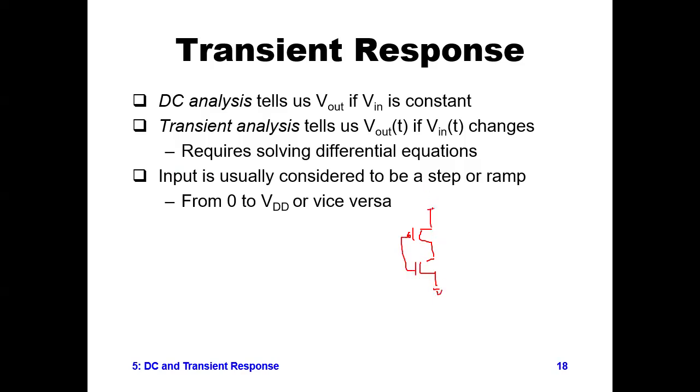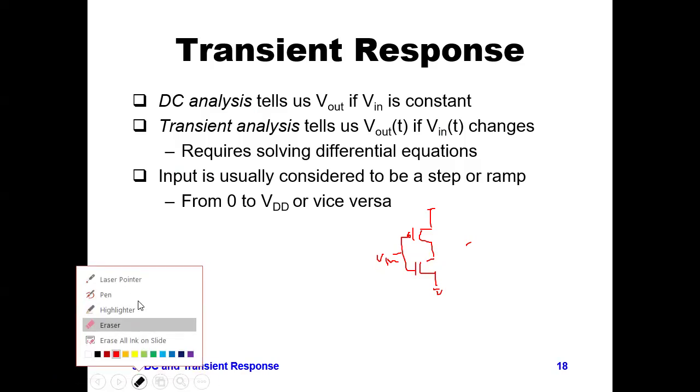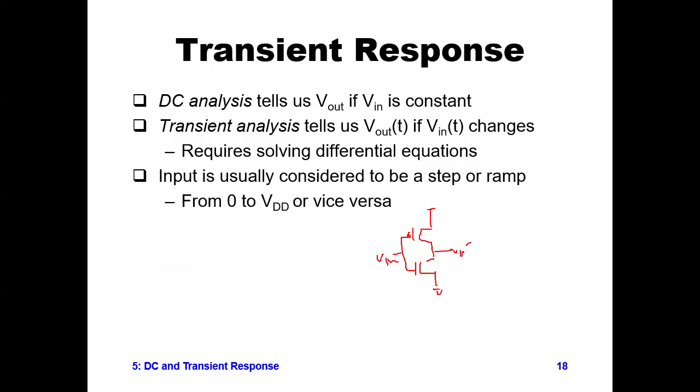You have a V in and a V out of an inverter. If we have 0 at V in, the V out will be 1. But when it is talking about the V out, it is not merely talking about the voltage here. It is talking about the power dissipation, because in the DC condition, the current is called the leakage current.